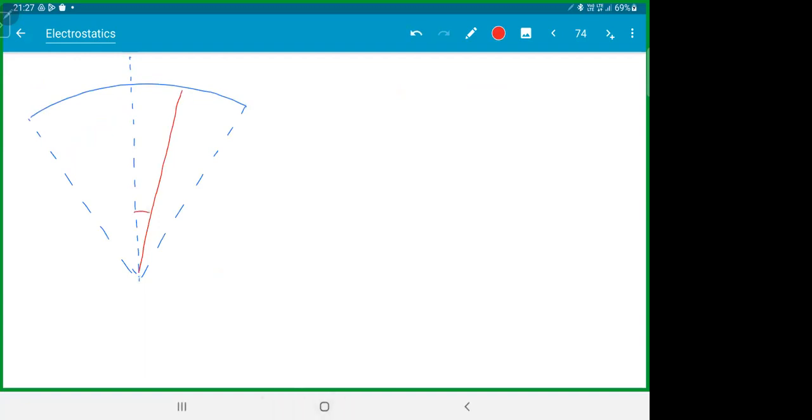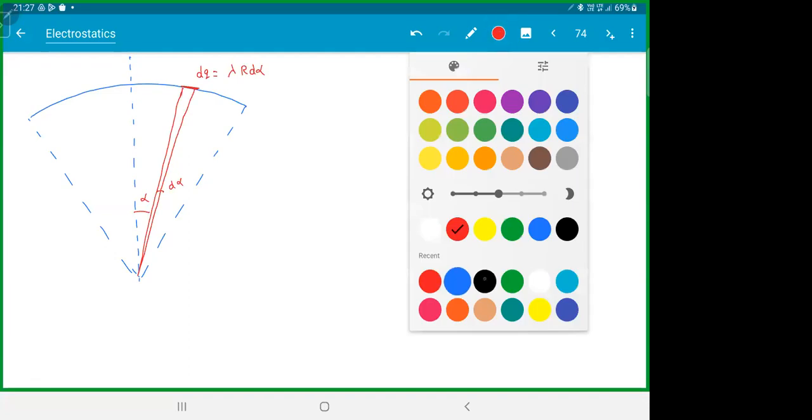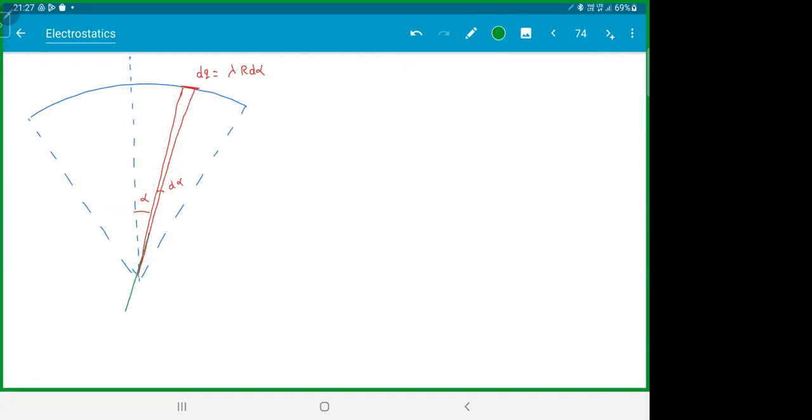So at an angle alpha here, take a thin slice, d alpha. So this charge will be dq, which is lambda into the length r d alpha. Agreed? So this dq charge will give a field E bar in this direction, where this is also alpha.